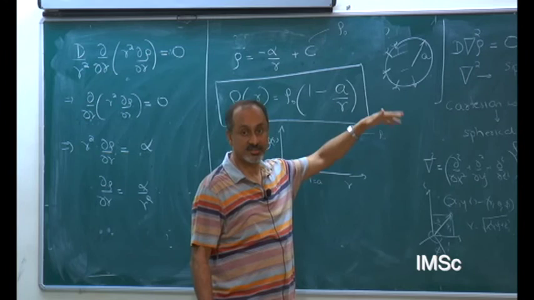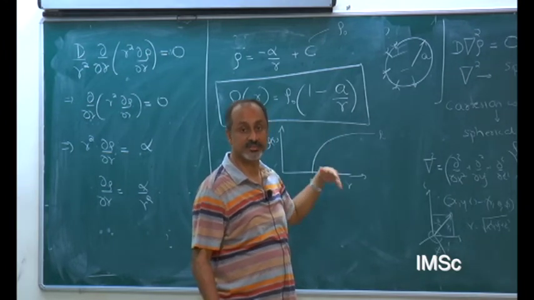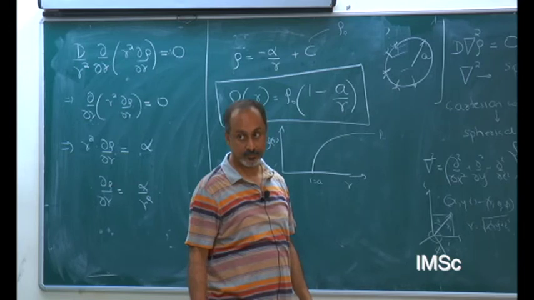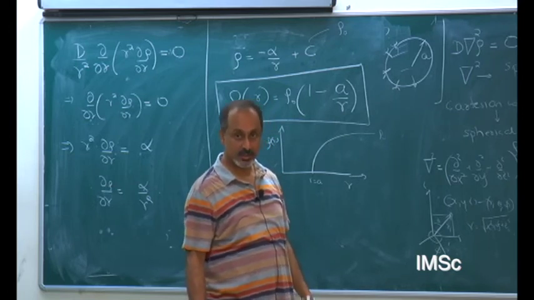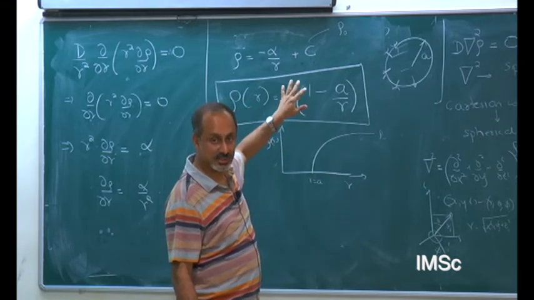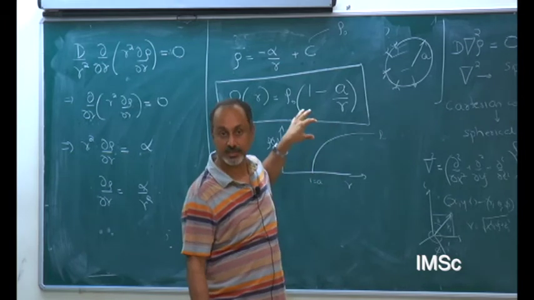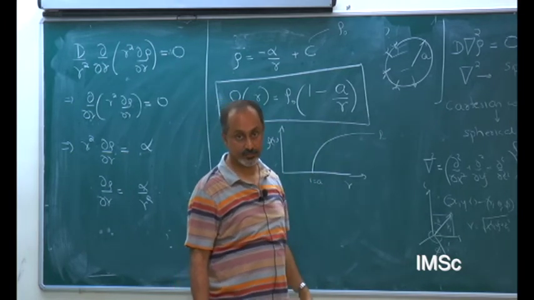You keep supplying particles at the boundary to compensate for the fact that the sphere absorbs all of them. It's not a closed system. So the total number is a constant, but that is ensured by inserting particles at infinity and letting them be eaten up at the surface of the sphere. Okay.